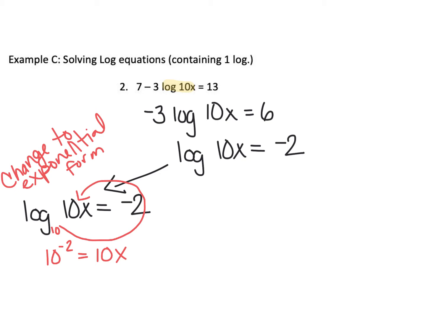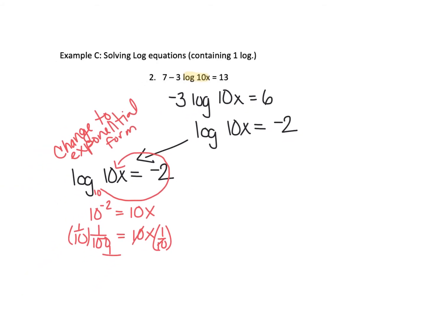Well, 10 to the -2nd would be 1/100th, and then I need to divide by 10 on each side. I'm just going to write it like this, so I can see that I would get 1/1000th is equal to x. Or you can write it as a decimal if you prefer.